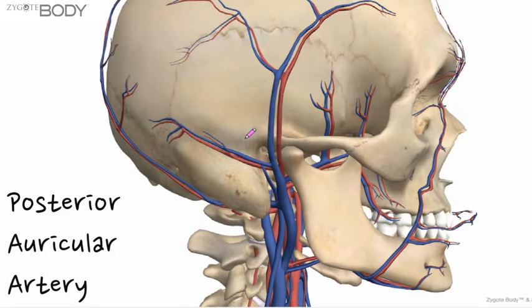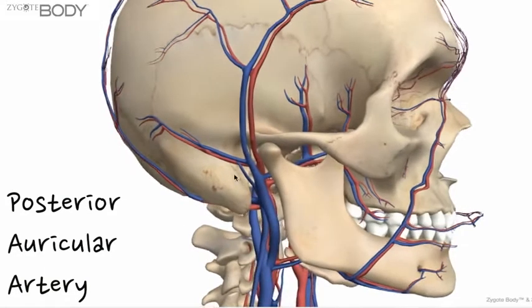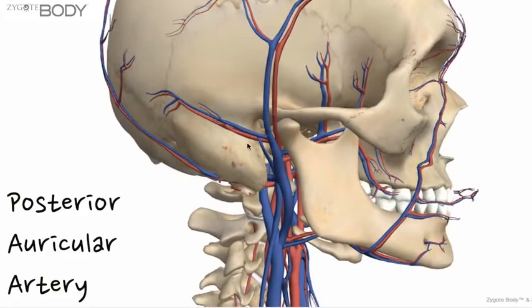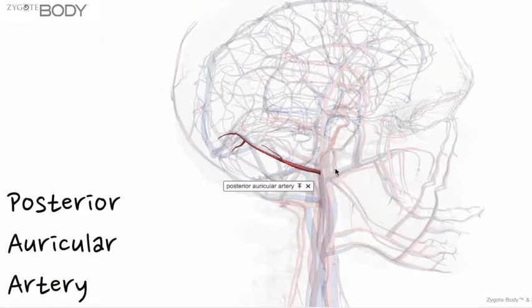Once again, at the tip of my arrow that I have so elegantly drawn is the posterior auricular artery right here. And as you can see, it runs along with a vein, and I'm going to try and isolate that so you can see. So there you go. We see the posterior auricular and some of its terminal branches.